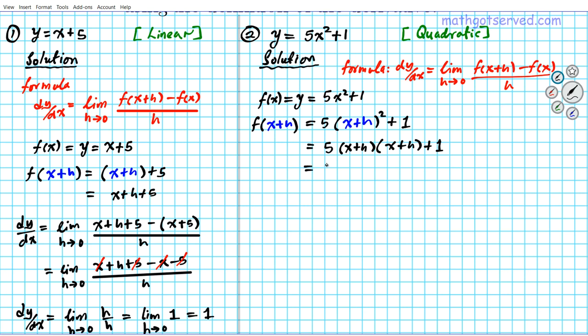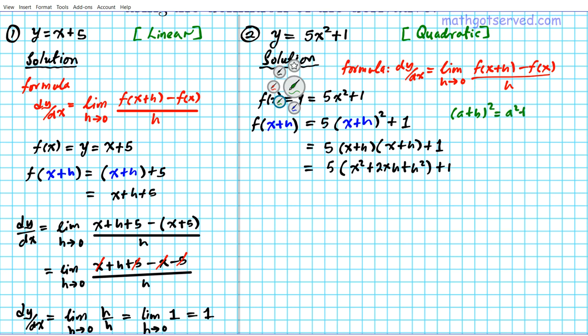So if you square that, you're going to have 5 times a squared plus 2ab plus b squared, plus 1. So the formula that I use is this formula right here. If you have quantity a plus b squared, you can just simply use the formula a squared plus 2ab plus b squared. If you don't remember the formula, you can just FOIL it out. You end up with the same answer. The two terms in the middle will be xh's, and you combine them and you get 2xh.